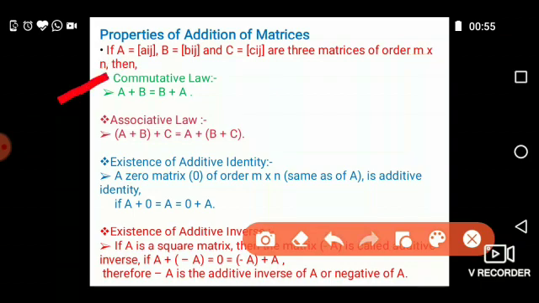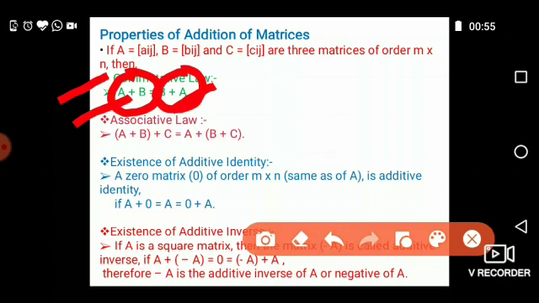The first law, commutative law, defines that matrix A plus B is always equal to B plus A. Just now I told you the commutative law states that we can move matrices around and still we arrive at the same matrix, or the same answer.